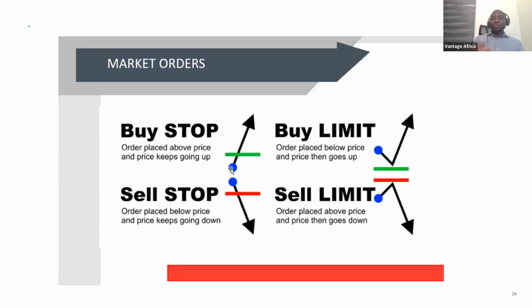So just know that when you input the price or any parameter at all, and you see that the button is grayed out, which means you cannot click it, your parameters are wrong. One of your parameters or several of your parameters are wrong. That's the reason why the trade cannot be placed. It's not because any other thing is wrong. It's because the parameters are wrong.